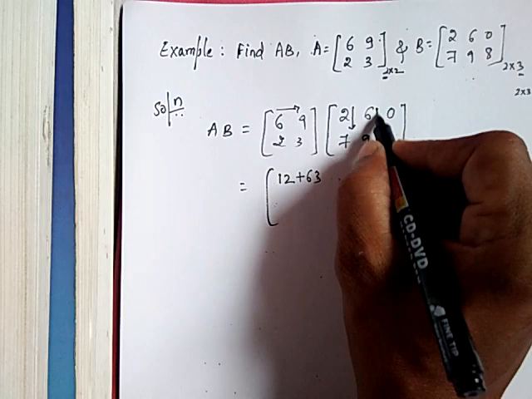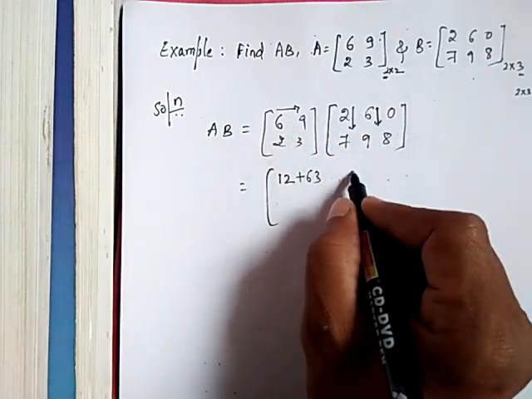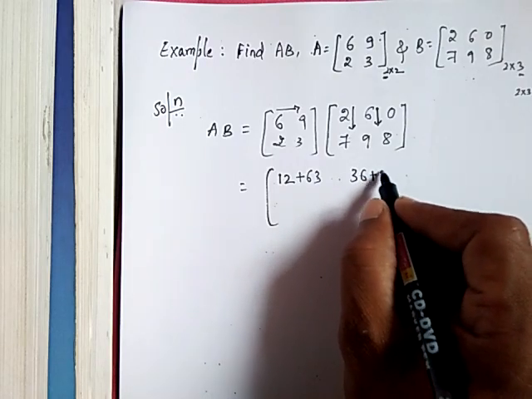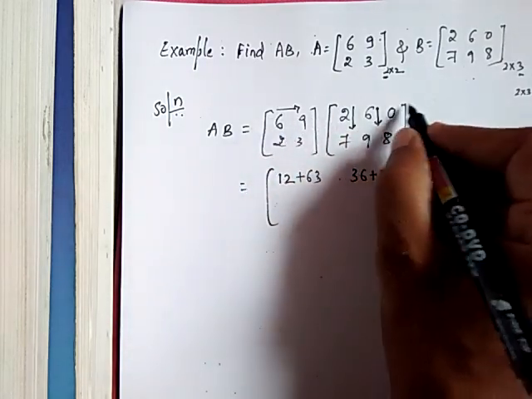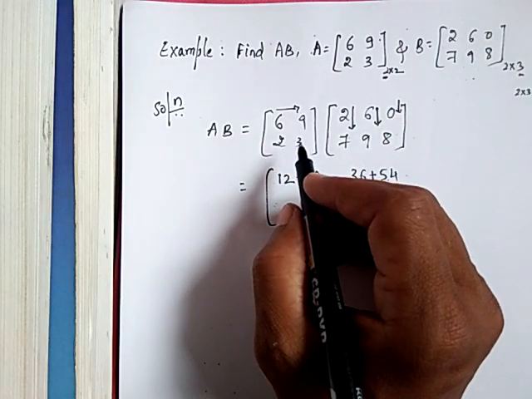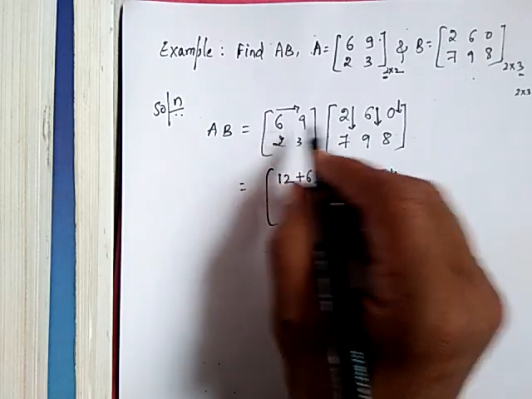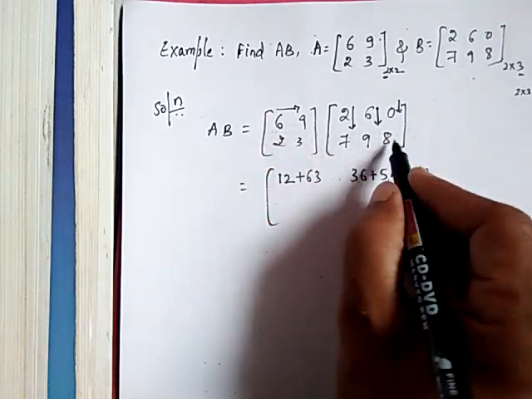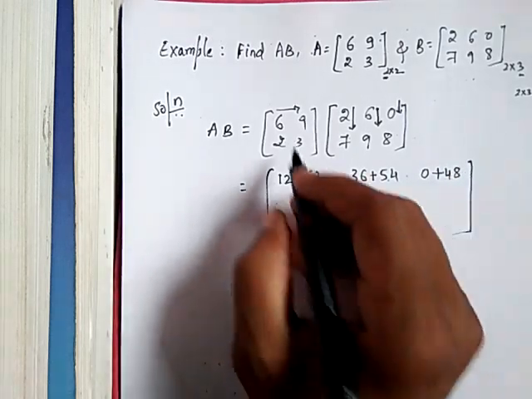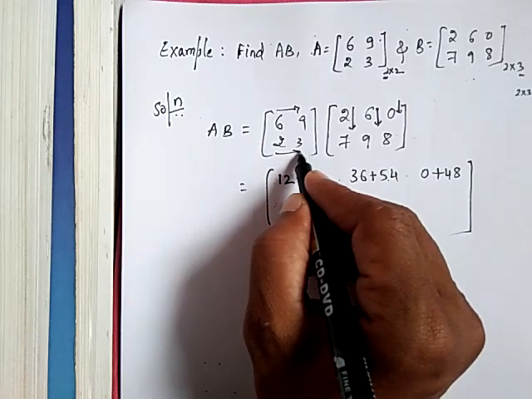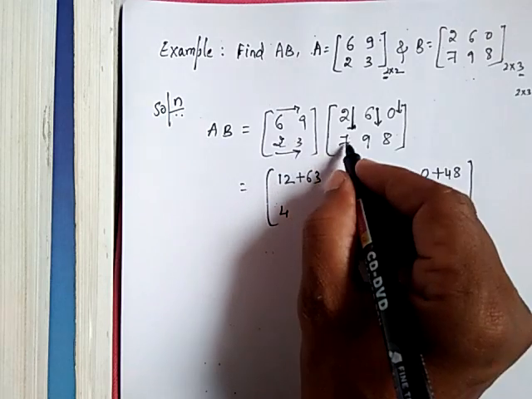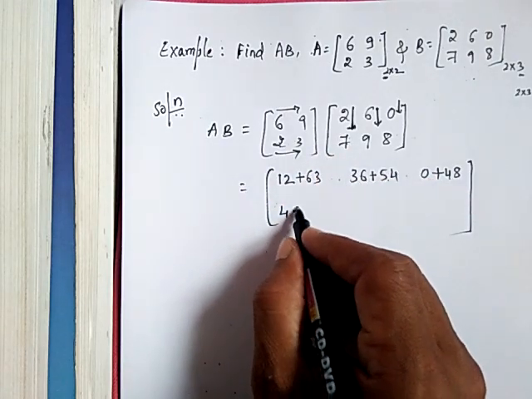Next, first row, second column: 6 into 6, 36, plus 9 into 9, 81. Here it is first row, third column: 6 into 0, 0, plus 9 into 8, 72. Next, second row, first column: 2 into 2, 4, plus 3 into 7, 21.